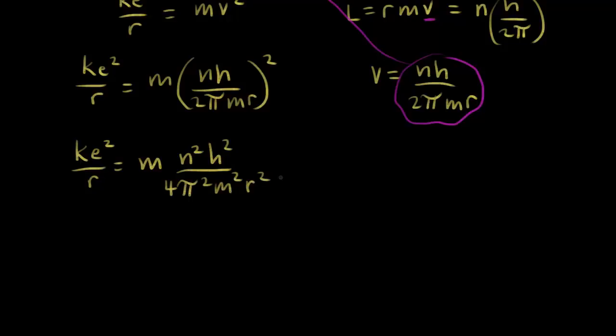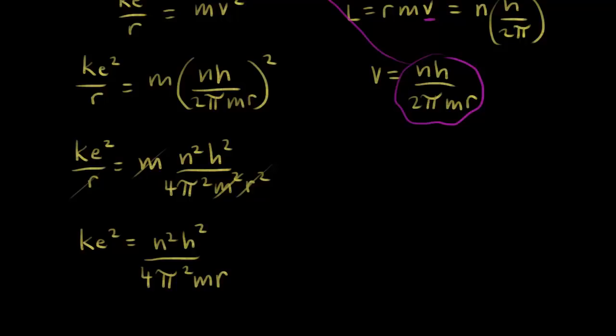All right, we can cancel a few things. We can cancel out one of these m's here, and we can cancel out one of these r's. So now we would have on the left side k e squared is equal to n squared h squared over 4 pi squared, and we would have one m left and one r left.